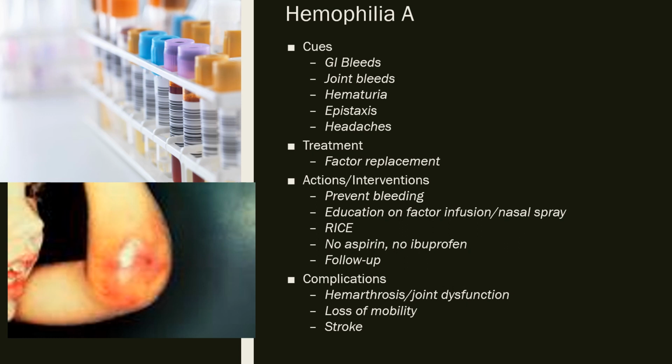The picture of this little kid with the really swollen elbow, that is hemarthrosis, which is the swelling from blood in the joint, and it can lead to a lot of dysfunction, and it's very painful. We watch for hematuria. They can develop frequent epistaxis, which is nosebleeds, and headaches and irritability.